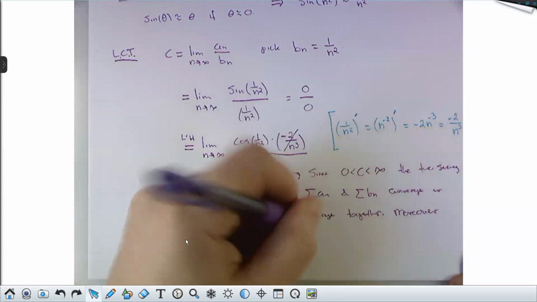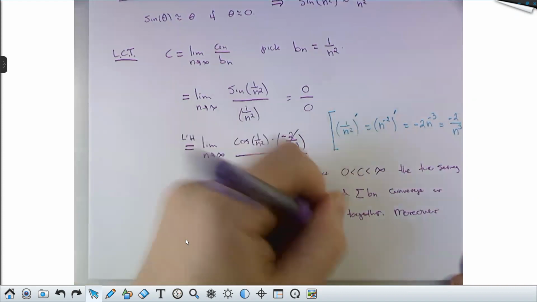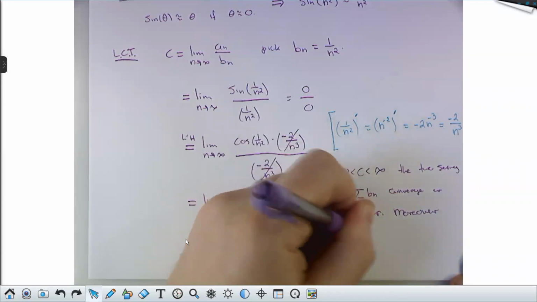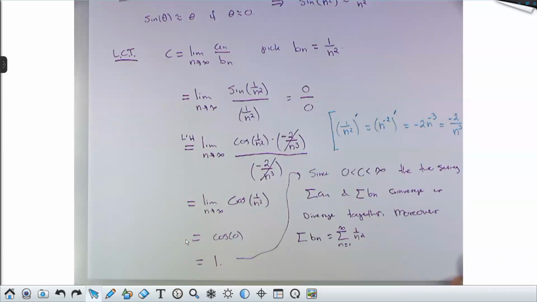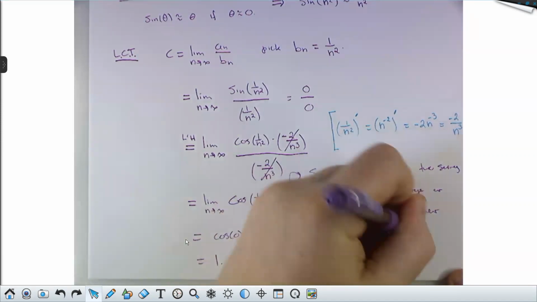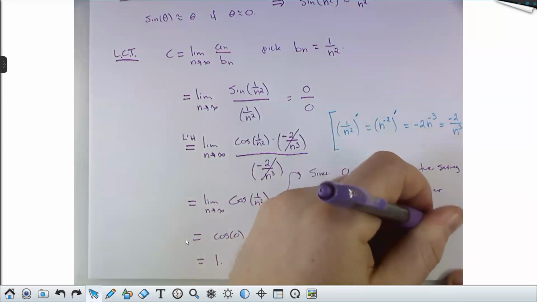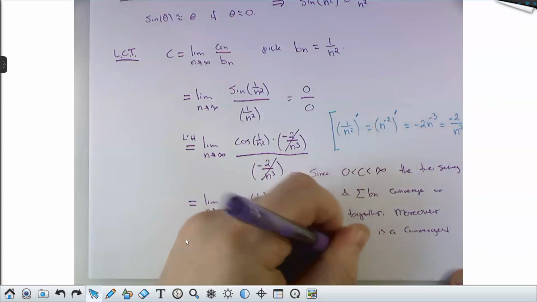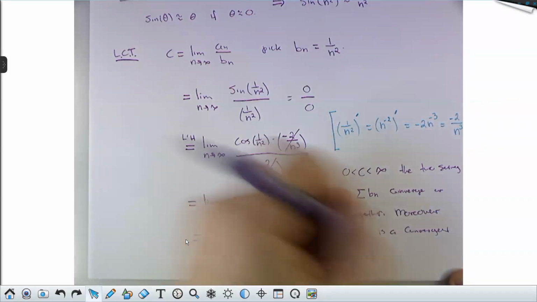Moreover, sigma bn, that's sigma n from 1 to infinity, 1 over n squared. Is this a convergent series or a divergent series? Very good. This is a convergent p-series because p here is equal to 2, which is bigger than 1.